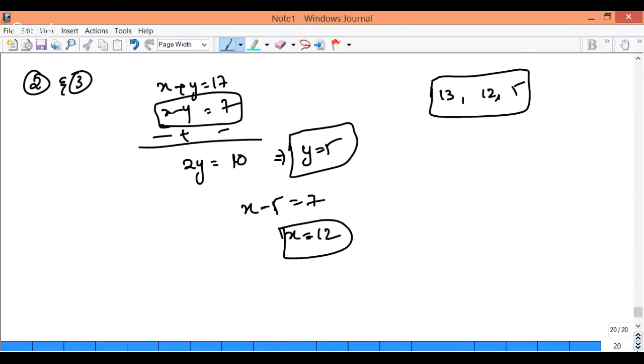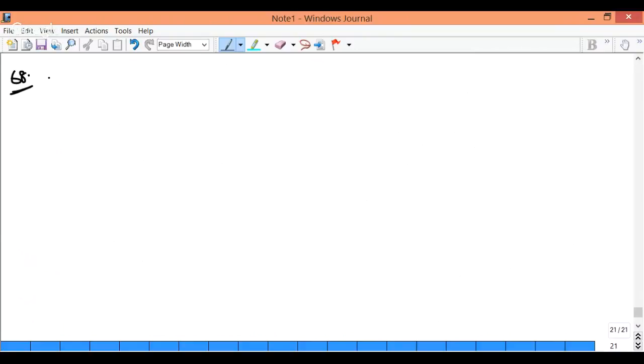68th one. Two cubes of sides 6 centimeters are kept side by side to form a rectangular parallelepiped. The area of the whole surface of the rectangular parallelepiped is? Now see here. Let us consider the cube.